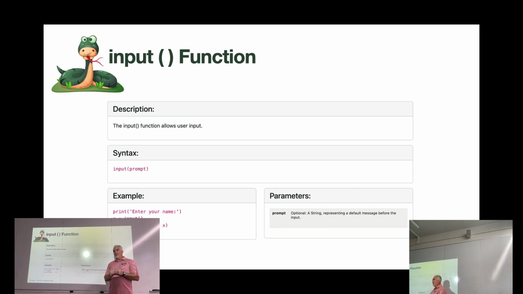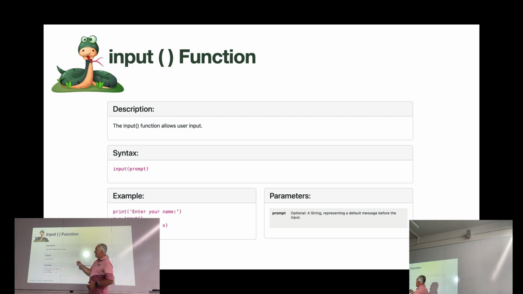The parameter for input, the thing that you put in between the parentheses, is what I would call the prompt, or what's the question you want to ask the user. So if you're using input to gather the user's age, then the prompt is probably going to be something like, what is your age, or how old are you?